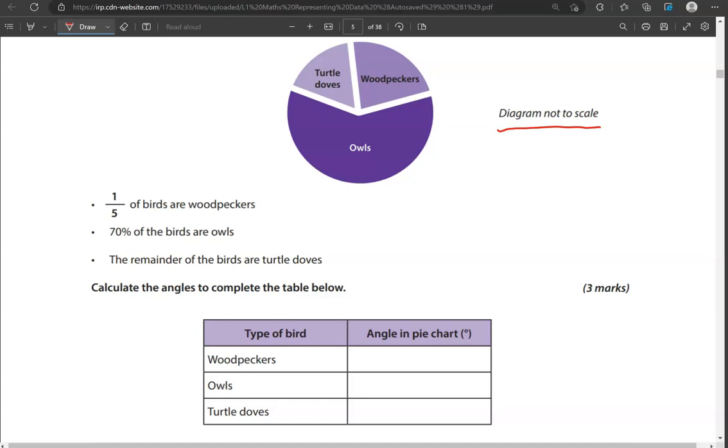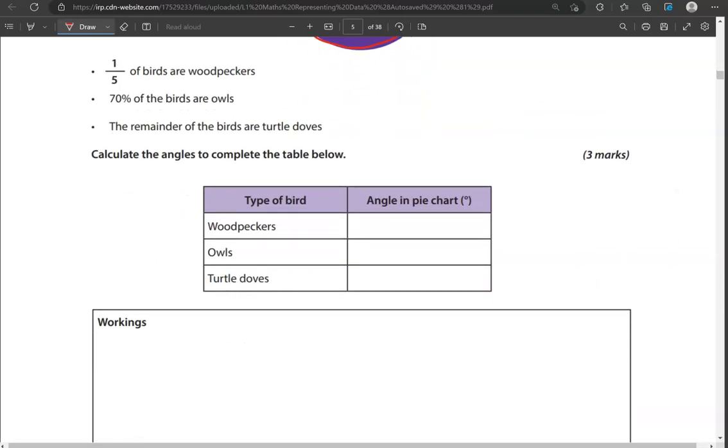So we know that there are 360 degrees in a full circle, so there will be 360 degrees here as well. So we know that 1/5 of the birds are woodpeckers, so we're going to work out 1/5 of 360. 1/5, that is 1 out of 5, so you can imagine the circle being split into 5 equal parts.